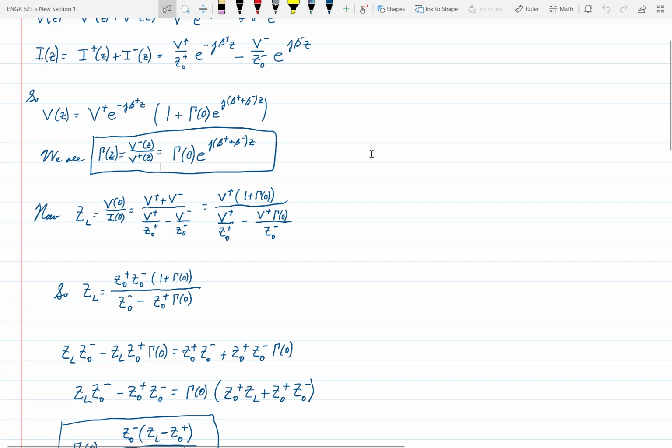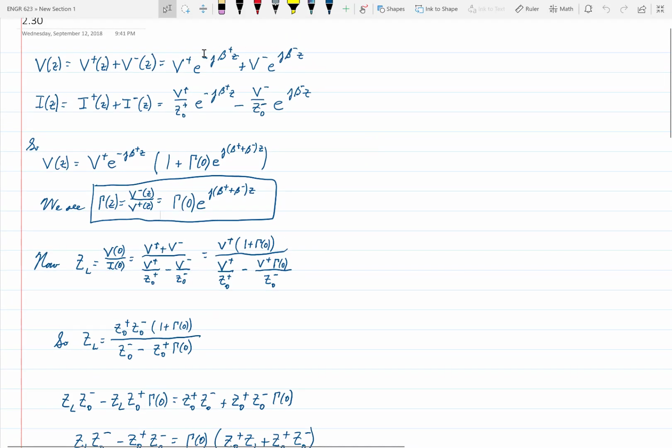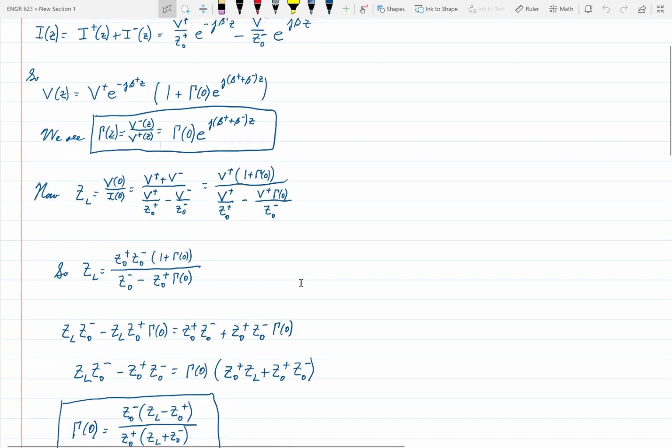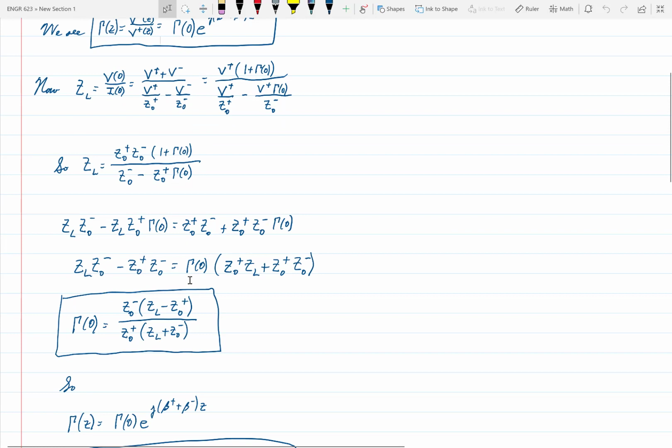And so if we look at our formulas up here for V of Z and I of Z and evaluate them at 0, we get ZL is equal to this quantity, which then can be written as this. And so if we do a little bit of algebra on that, it looks like this, and then cross multiply and rearrange terms, and we end up with this.